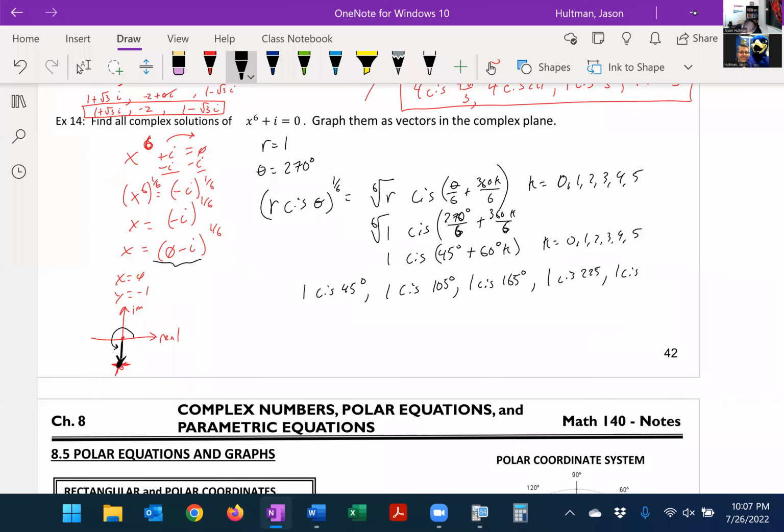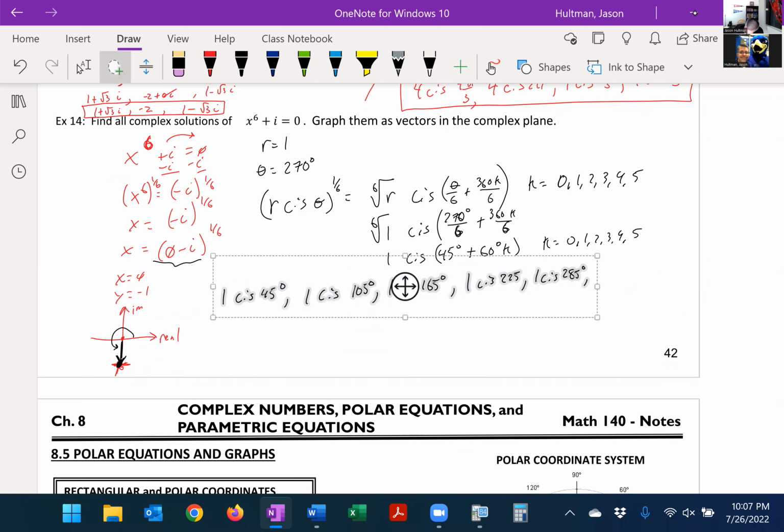So 285 degrees, and 1 cis 345 degrees. You may not readily see this, but because 45 is divisible by 15 and 60 is also divisible by 15, every single one of these is divisible by 15.